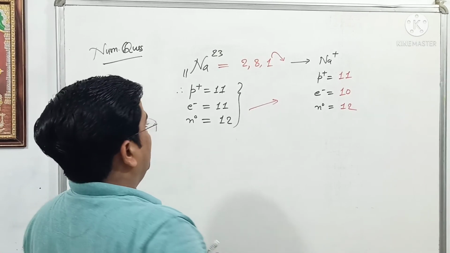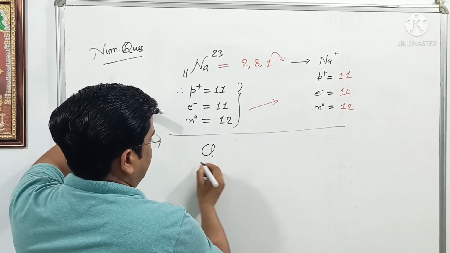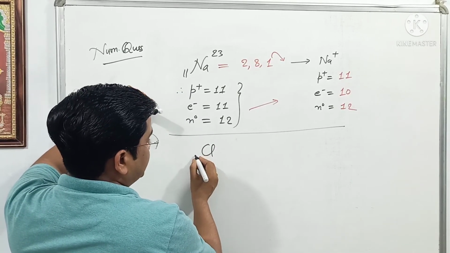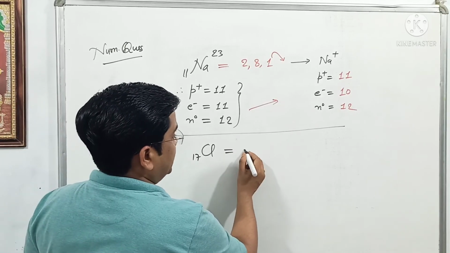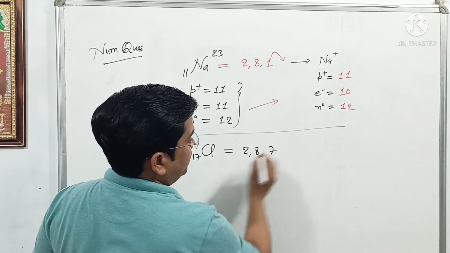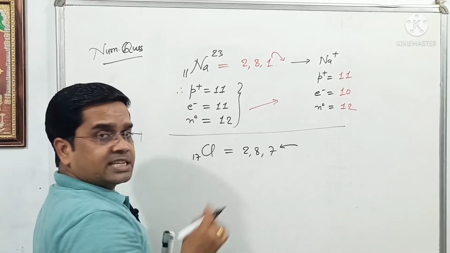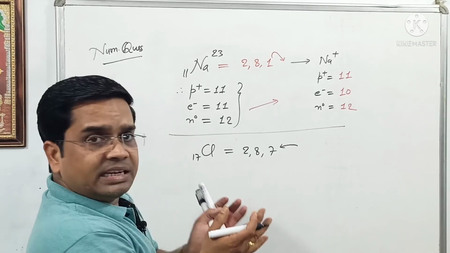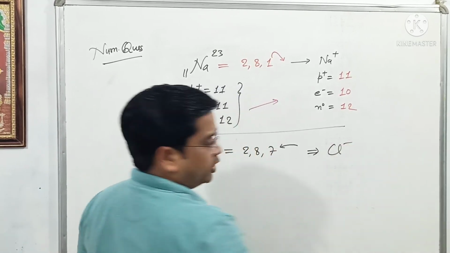Okay friends? Suppose I am going to take another example. In the case of chlorine, you know friends, chlorine atomic number is 17. 17 means if you do electronic configuration, then 2, 8, 7. If chlorine accepts one electron to complete its octet, then it will be chloride, means chlorine with negative charge.